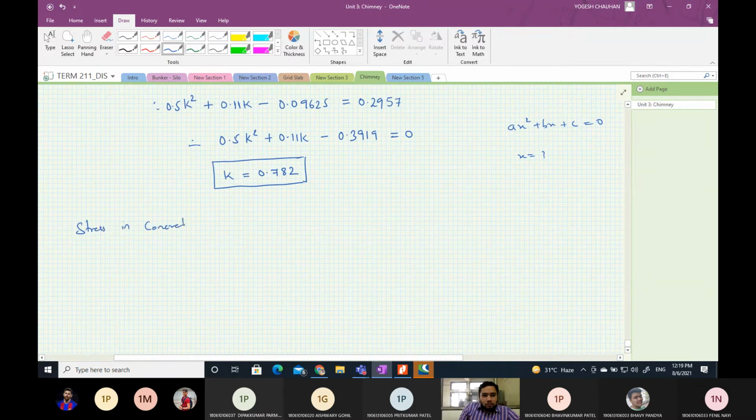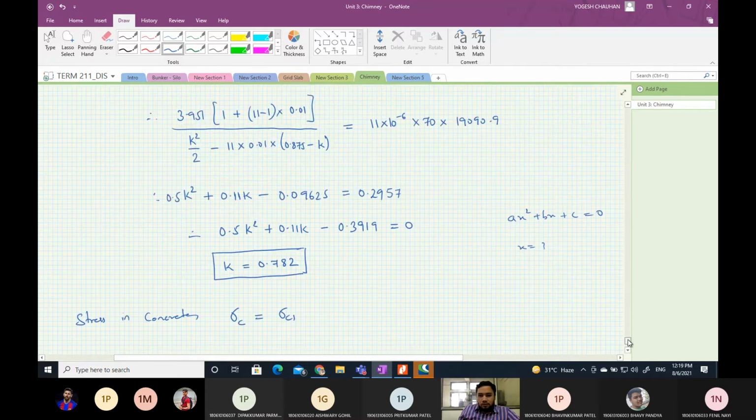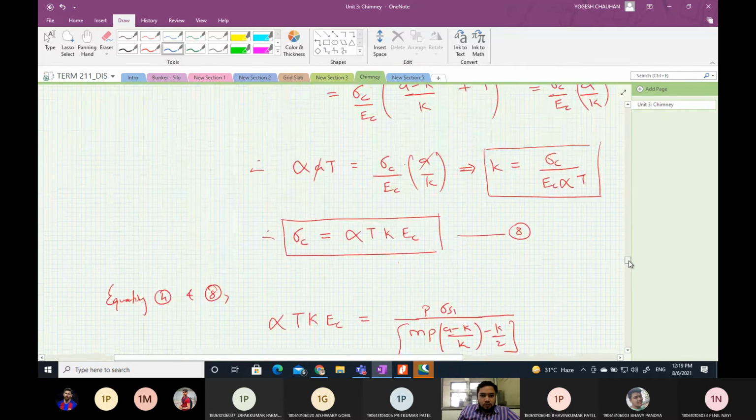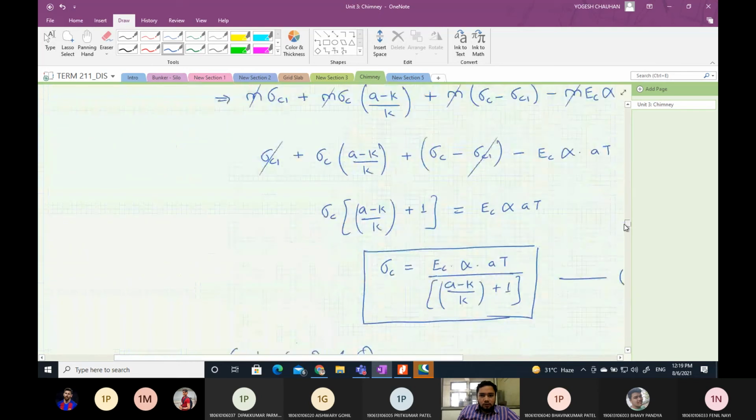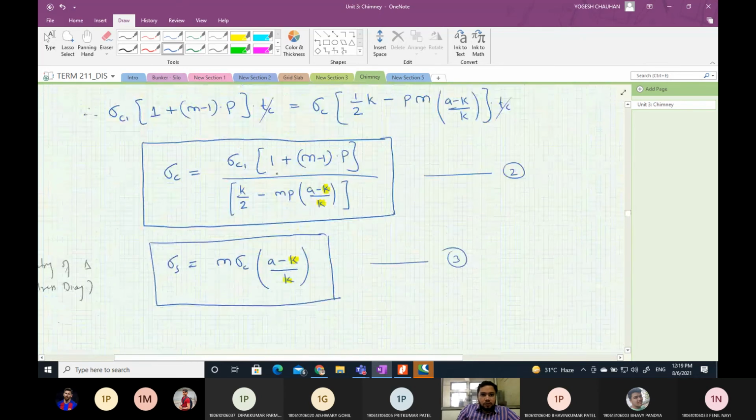Stress in concrete sigma c is equal to sigma c1 times 1 plus m minus 1 p by k by 2 minus mp a minus k by k, and sigma s, that is stress in steel, is equal to m sigma c a minus k by k.